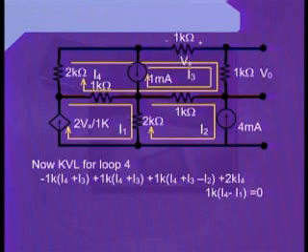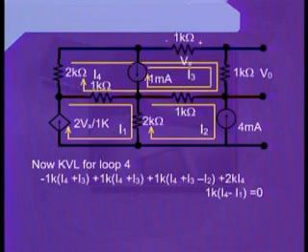Therefore, we can write 1k into I4 plus I3, because both these currents, I4 and I3, are flowing into the same direction. However, if we see the current I2, this is flowing in opposite direction as compared to the currents I3 and I4 through the 1 kilo ohm resistance. Therefore, we can write minus I2. Hence, the total term for this resistance comes up as 1k into I4 plus I3 minus I2.